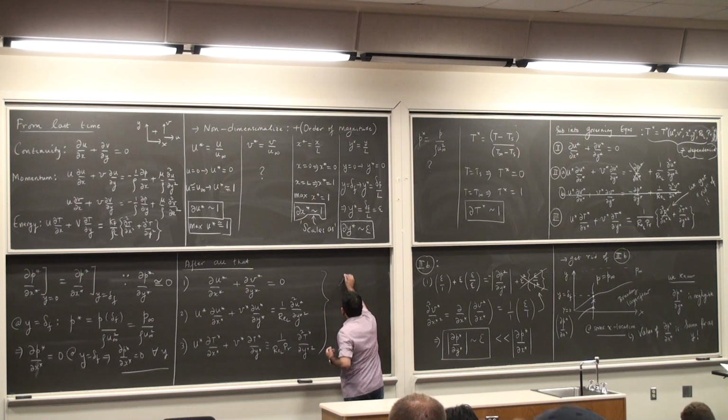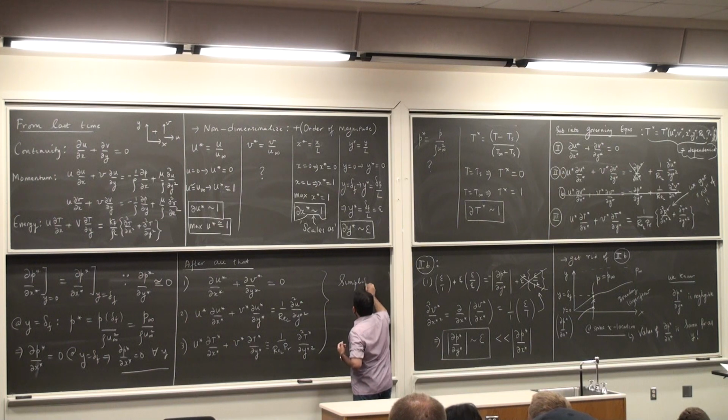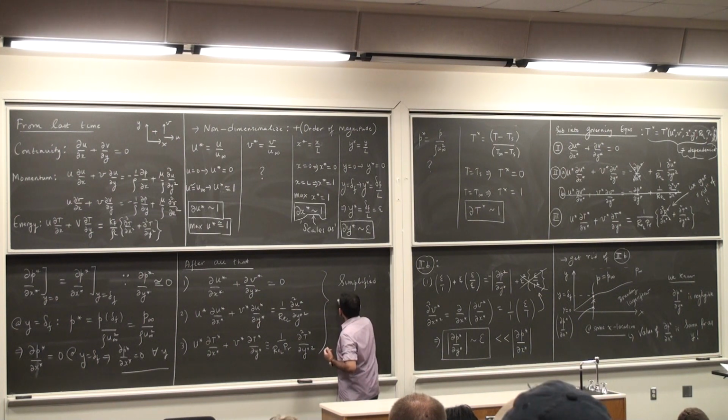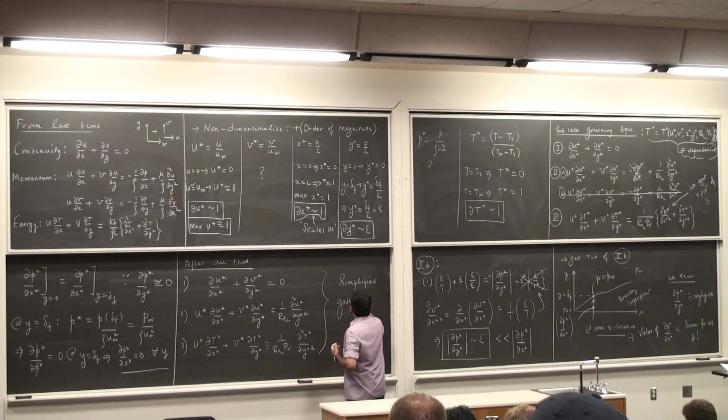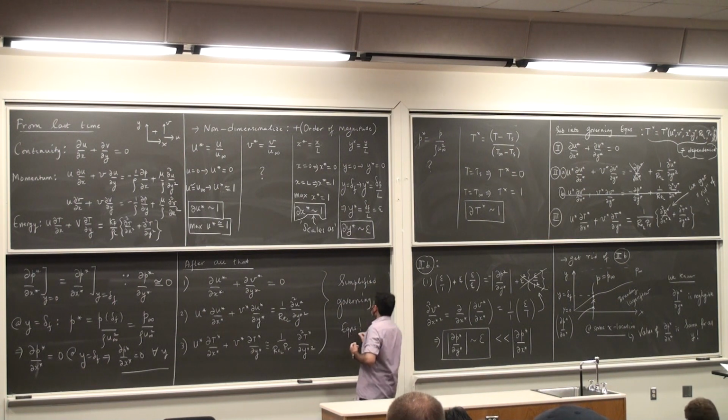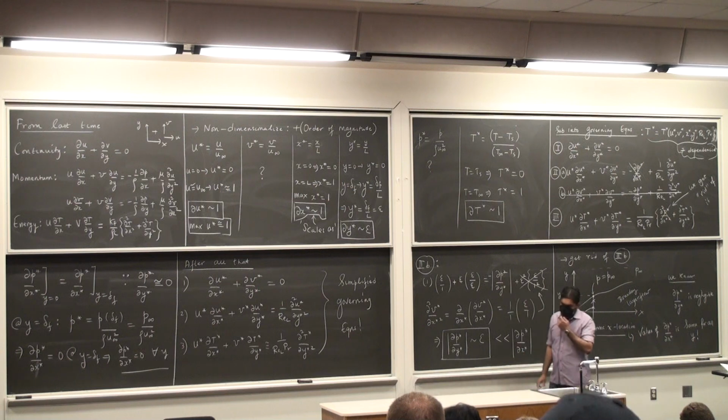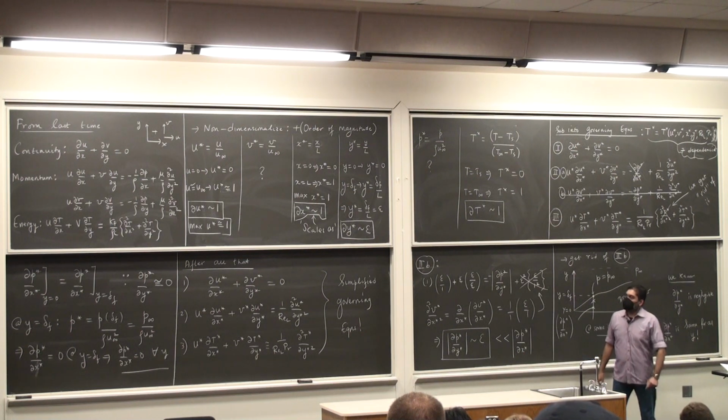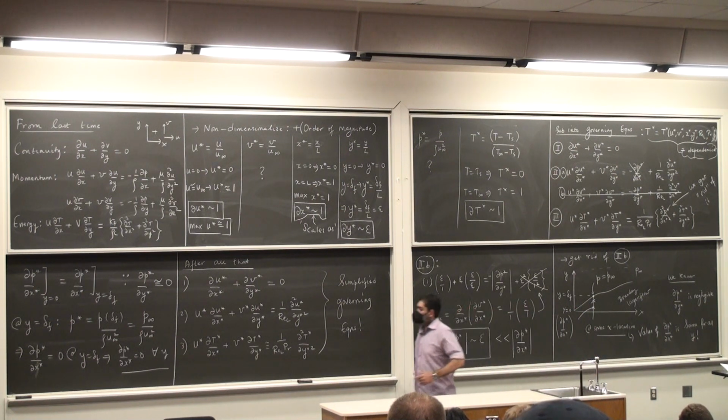These are the simplified governing equations. And this is called the Blasius-Pohlhausen equations.